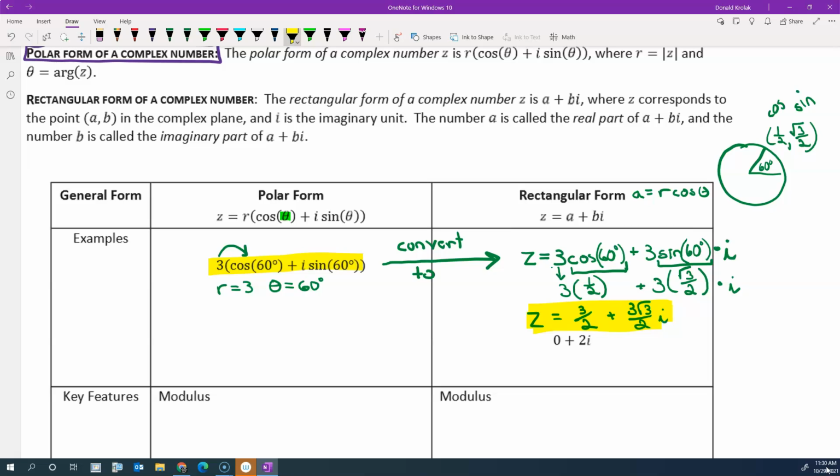All right. Now this guy, we're going to convert the other way. We're going to take it from rectangular and convert it to polar.